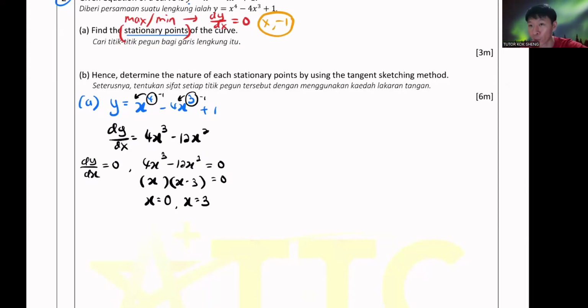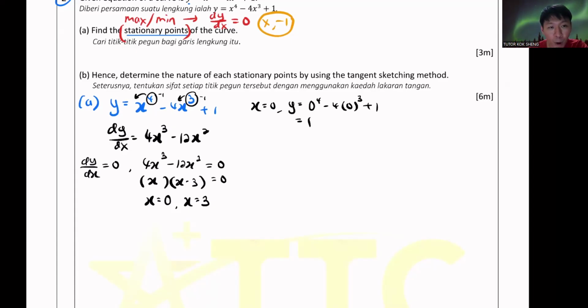So you have to sub in back to your equation to find the y. I want to factorize the x. Can, same. The answer same. You factorize the x out, you also get the same answer, 0 and 3. I just press the calculator only. So sub in 0. So your answer, you will get 1.